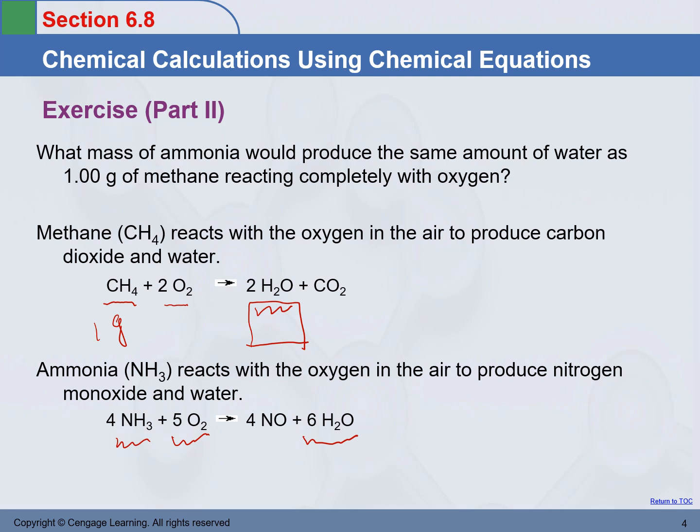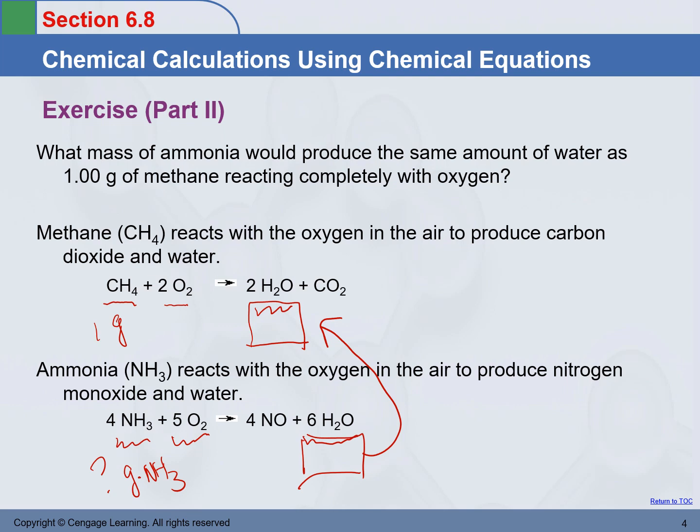Then it is asking, for the second reaction, if it will produce the same amount of water as that one, how many grams of ammonia are needed? Clear? All right, what mass of ammonia would produce the same amount of water as 1 gram of methane would when it reacts with oxygen?